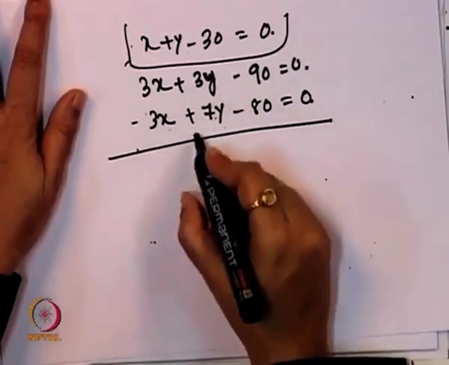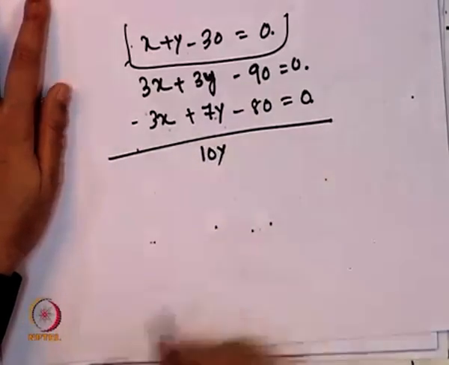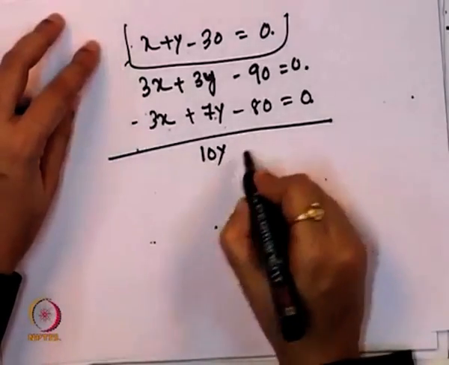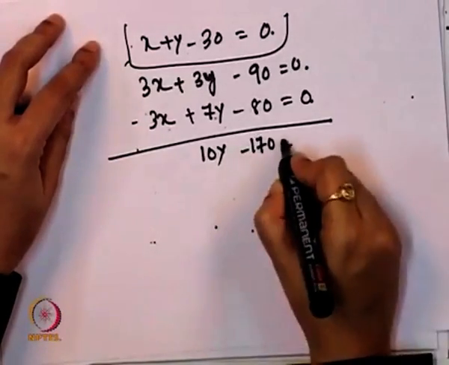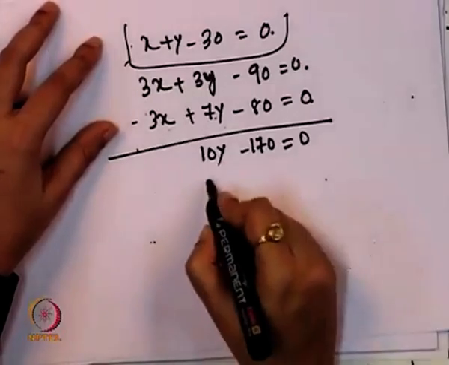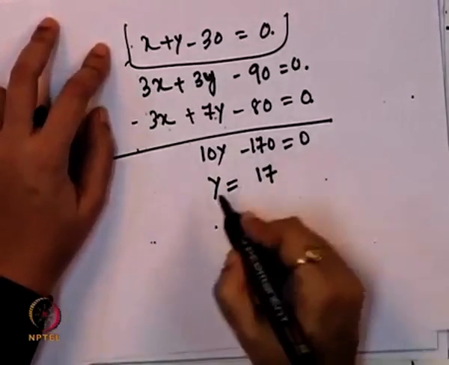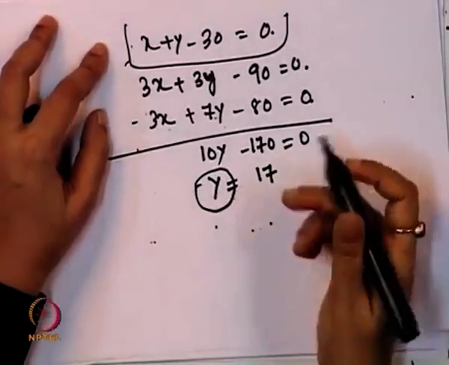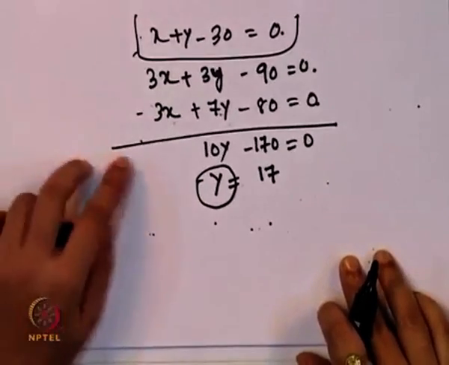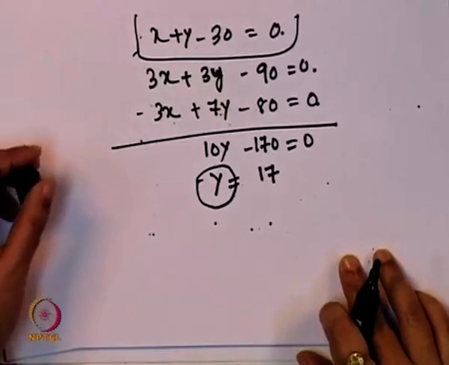If you sum these two equations, it comes to 10y - 170 = 0, and y is equal to 17. So, we got the first unknown value, that is y = 17.